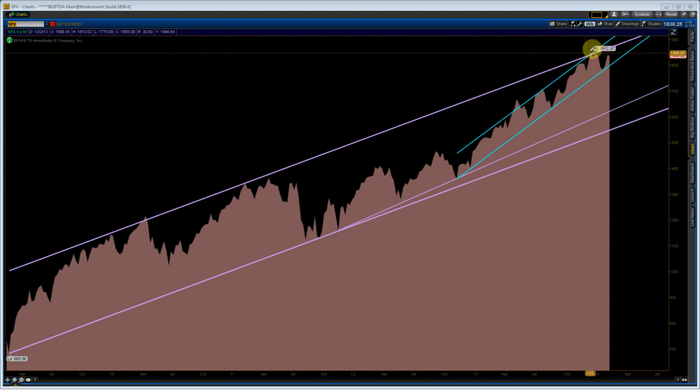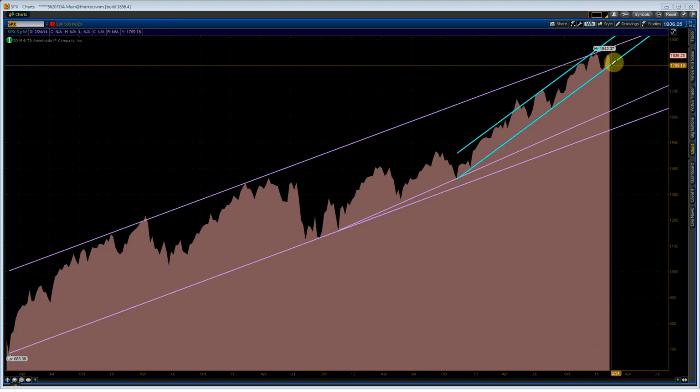What this tells us is further pullback from this point would be confirmation of a lower high if it's unable to create a new high from the level that has already been made. And on that failure, I would expect at that point for this same trend line to be failed, just as it was with the Dow Jones Industrial Average and the Russell 2000.